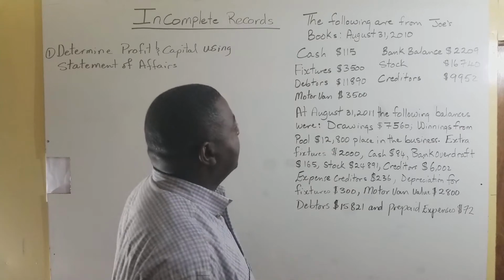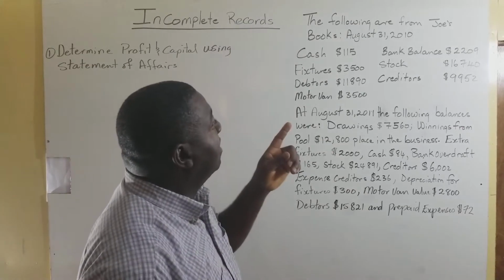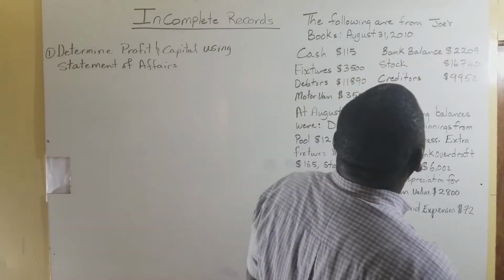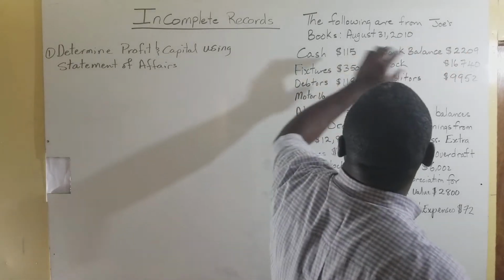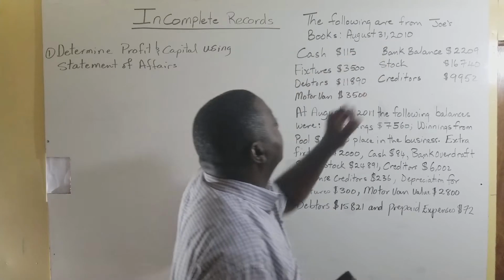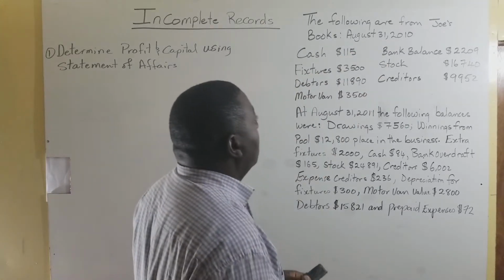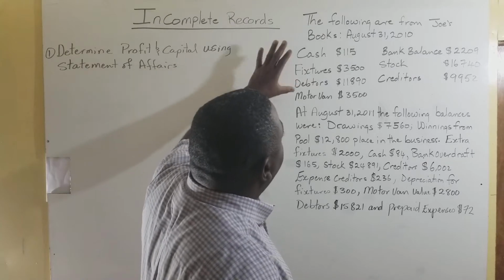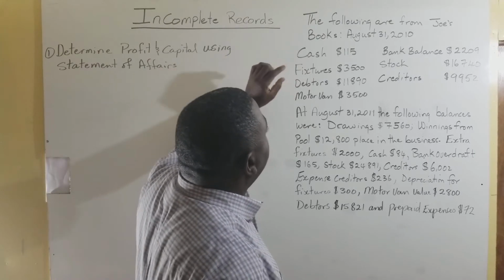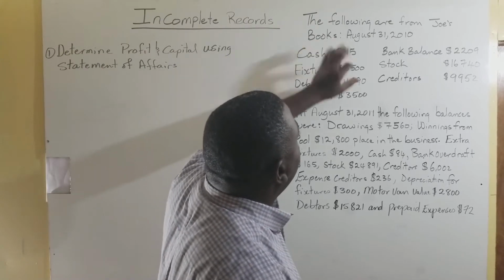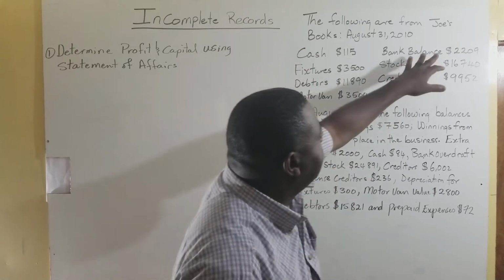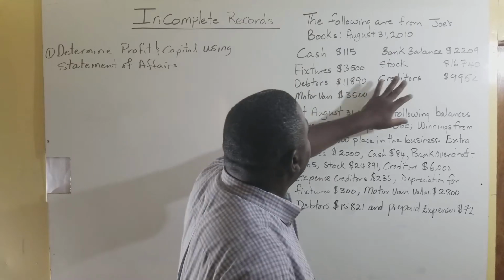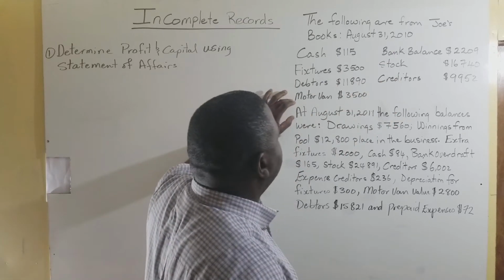And so this question indicates that the following are from Joe's books on the 31st of August 2010. At that time, he had the following information. His cash in hand was 115, bank balance, fixtures, stock, debtors, creditors, and motor van.